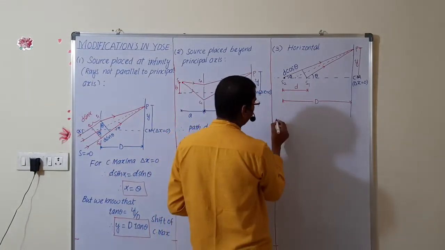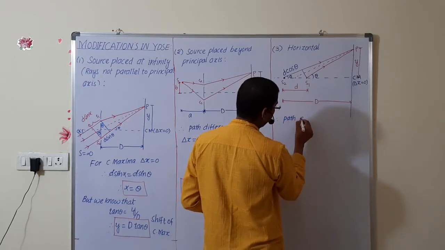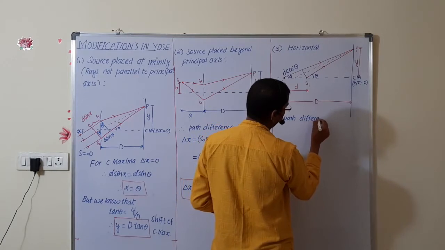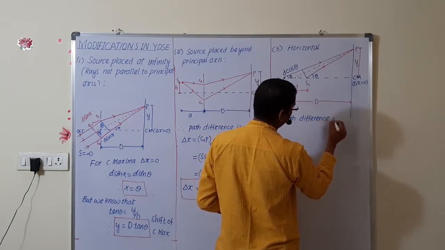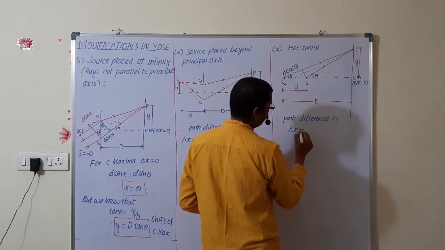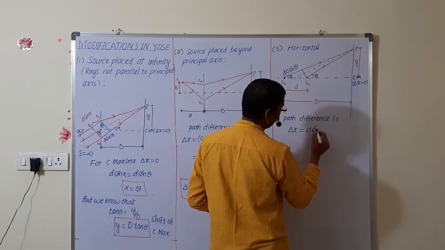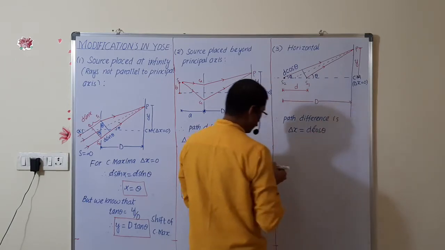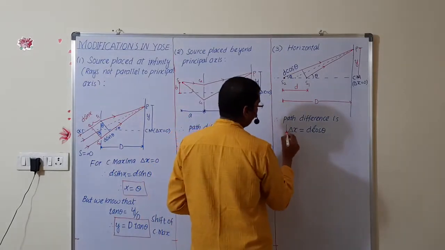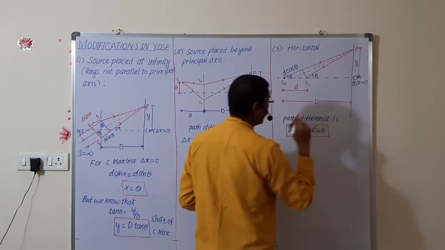Now we can write here, therefore directly I am writing the path difference is delta x is equal to D cos theta. Here whenever the two slits are vertically fixed, that time path difference is equal to D sin theta.